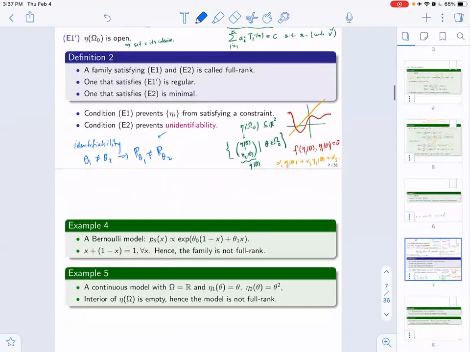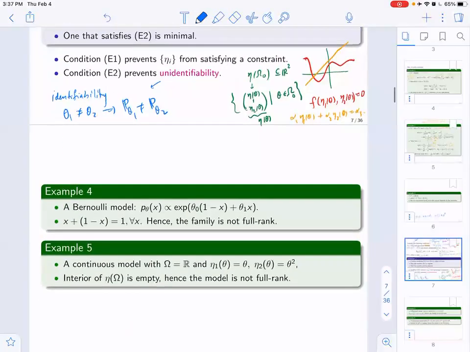Just before doing that, I'm going to have two very simple examples. So suppose you have a Bernoulli model, and you can write the Bernoulli model like this. So x here takes values 0 or 1. And here I'm representing a binary random variable as having an exponential family with two parameters. So as a two-dimensional exponential family, you can easily see that these components of the sufficient statistic satisfy a trivial linear or affine constraint.